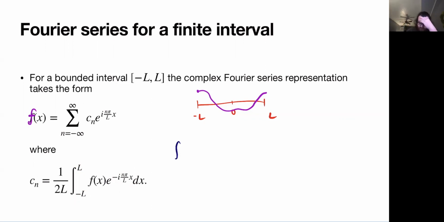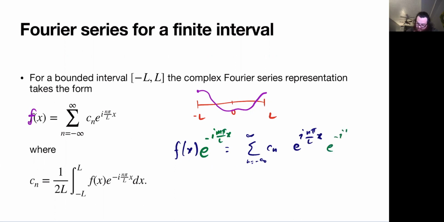If we take f of x equal to the sum, n equals minus infinity to infinity, of some mystery coefficients c sub n times e to the i n pi over L x, we can multiply on both sides by e to the minus i m pi over L x.